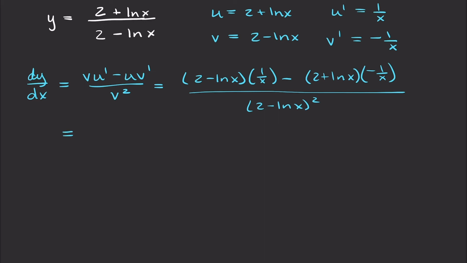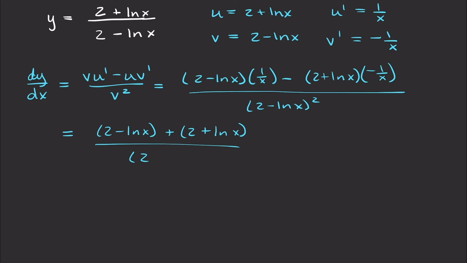Okay, so if we pull these together, both of these terms on top have a 1 over x. And so I can actually just move that down, and I'll have 2 minus ln of x plus 2 plus ln of x. Okay, so that's those minus signs canceling out.